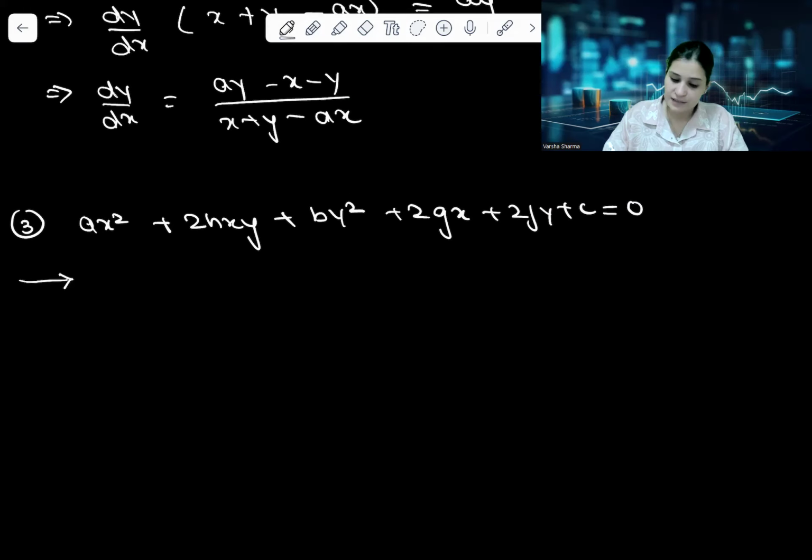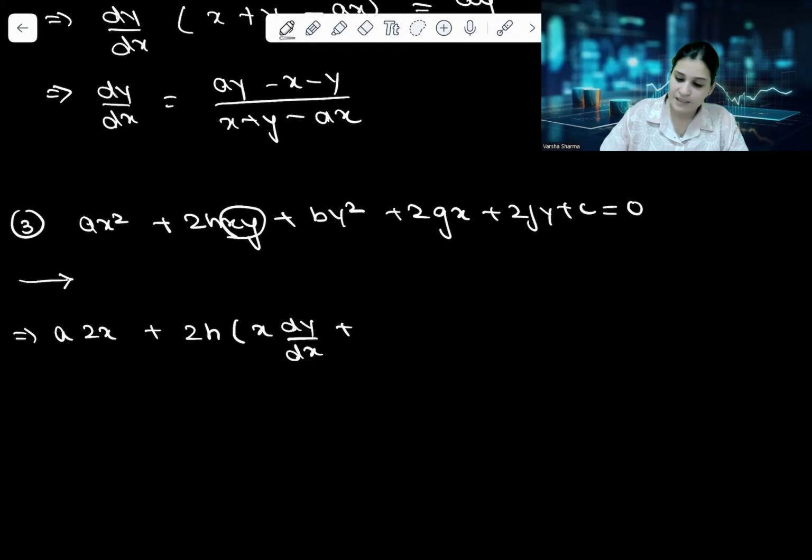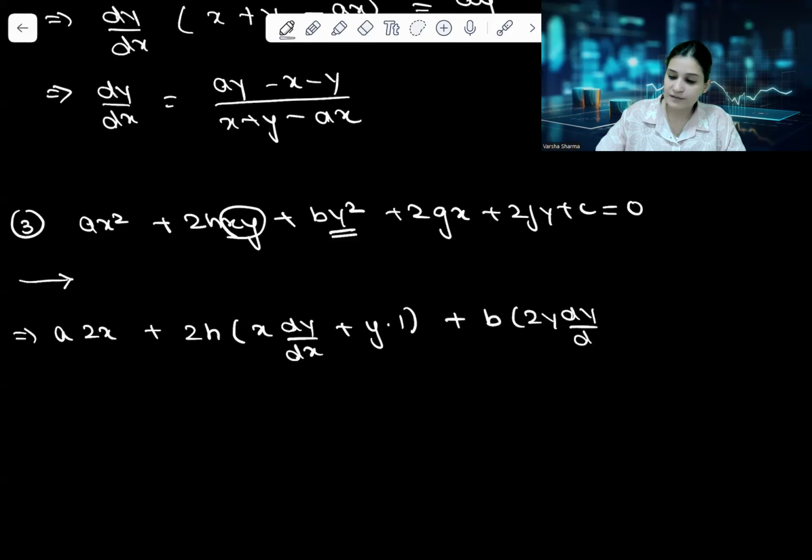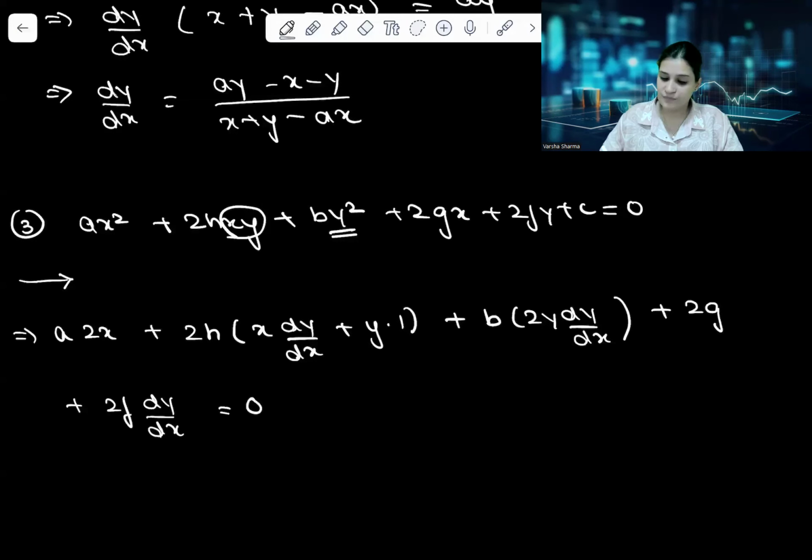Differentiating both sides. x square becomes 2x, leaving 2h, so xy will be x dy by dx plus y into 1, plus b y square becomes 2y dy by dx, plus 2g plus 2f, y becomes dy by dx, c becomes 0.